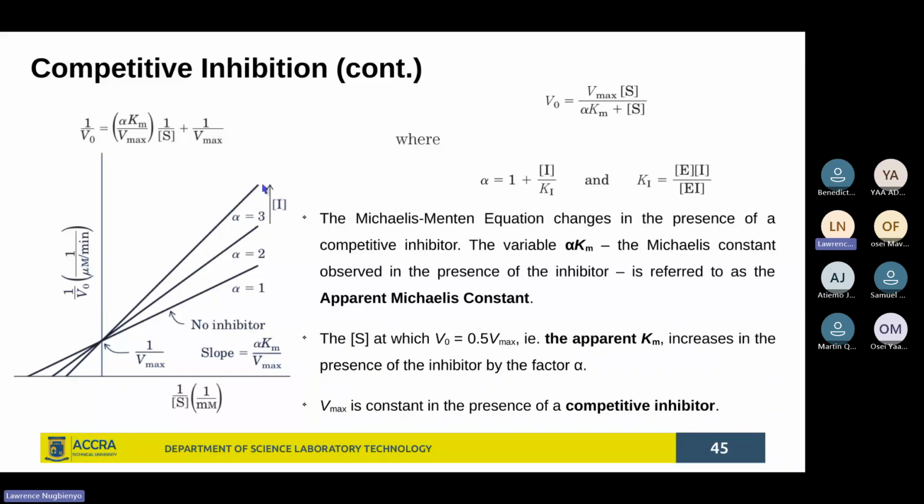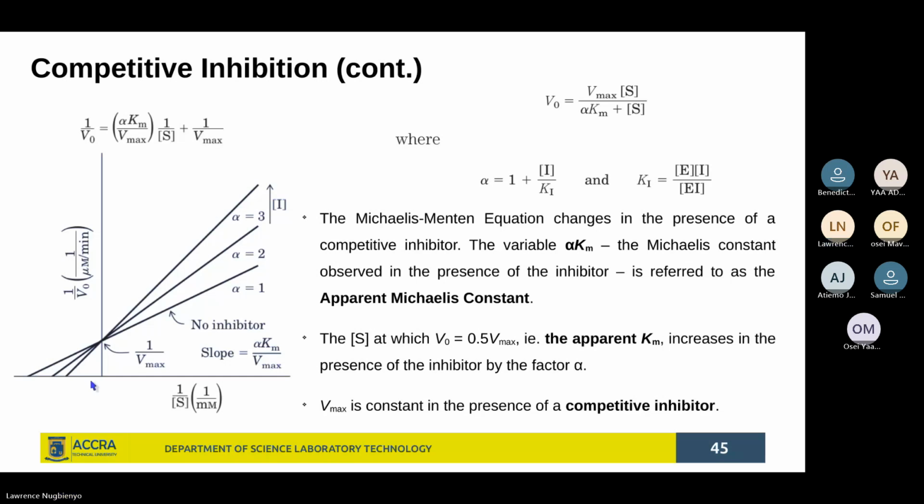So, for instance, this higher line that you see there is now shifting to the right-hand side. The lowest one is at the farther end. And remember, this is on the negative side of that axis. So as it moves to the right-hand side, it shows increment in the concentration.